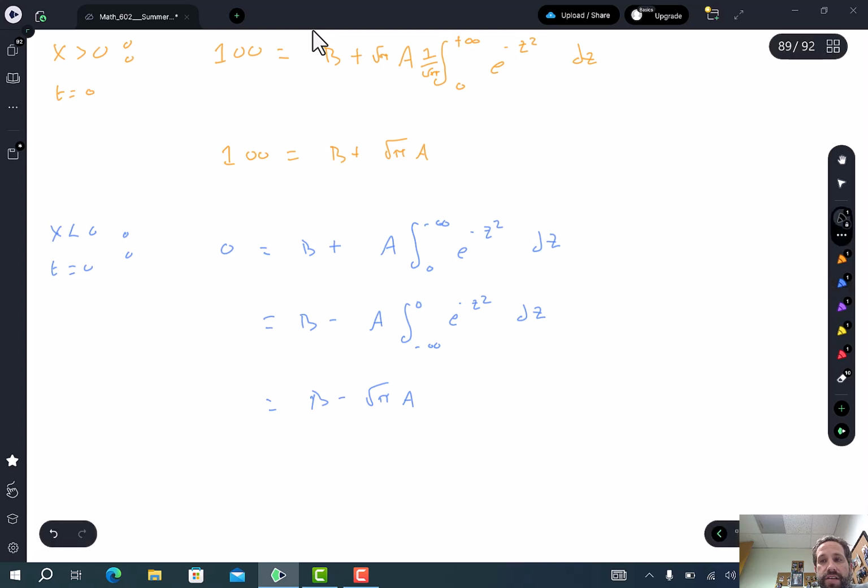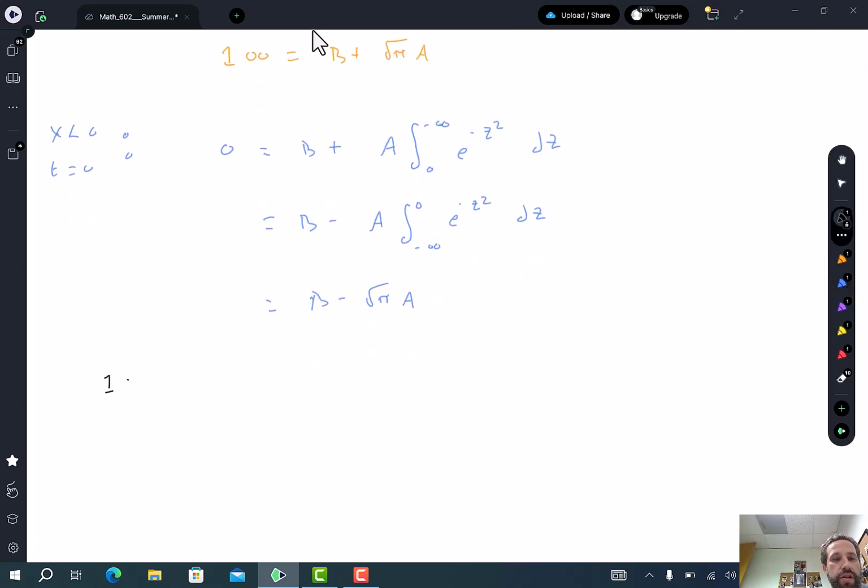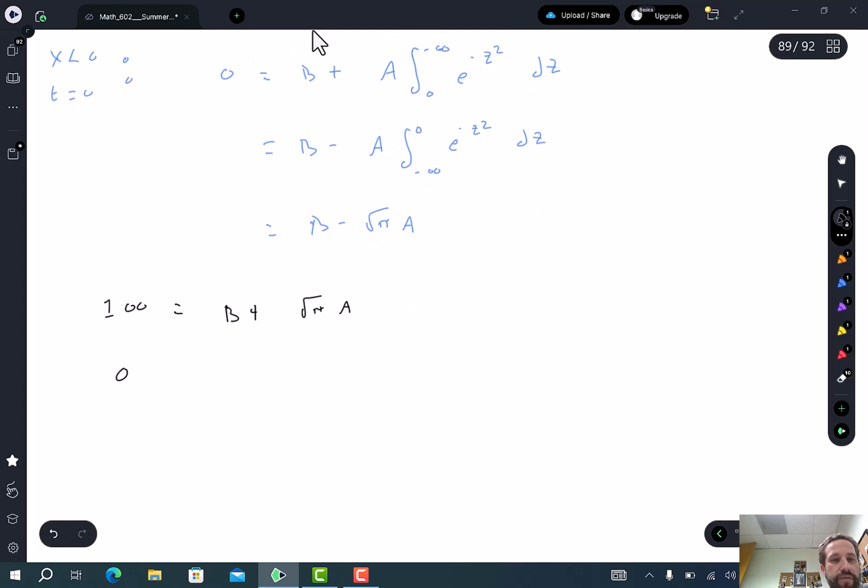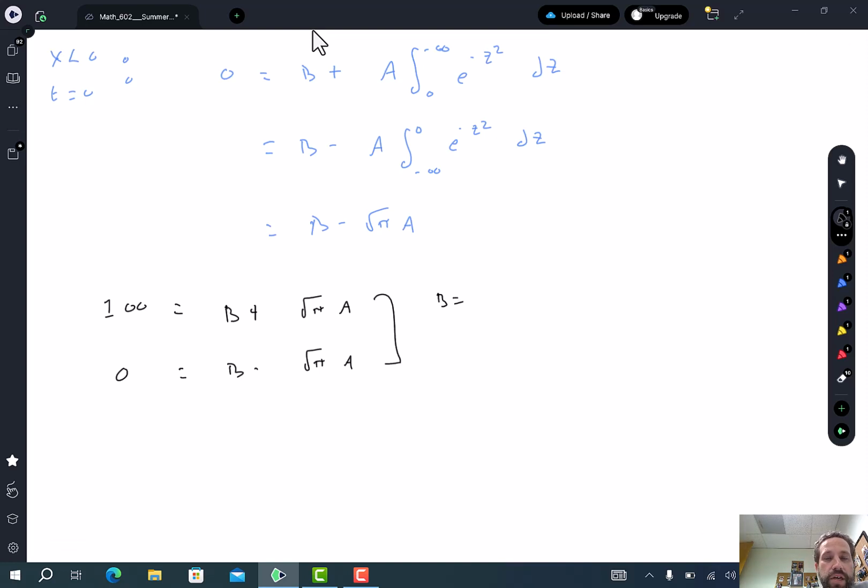All right, so now I have this system of equations. I've got 100 is equal to b plus the square root of pi a, and I've got 0 is equal to b minus the square root of pi a. So what's the solution? If I add them together, it gives me 100 equals 2b. So b is equal to 100 over 2, otherwise known as 50.